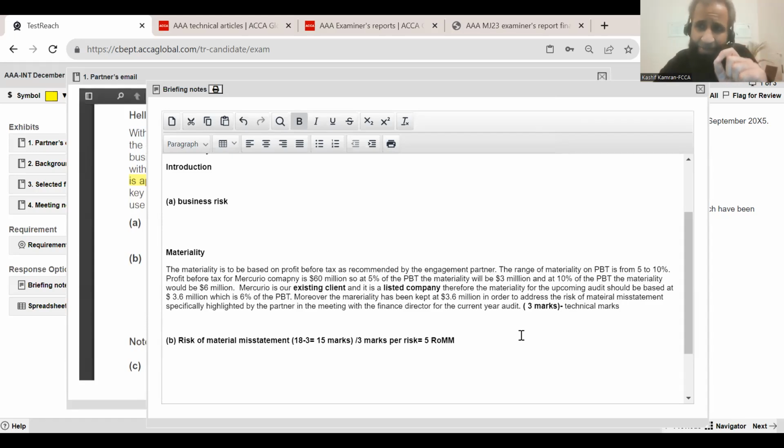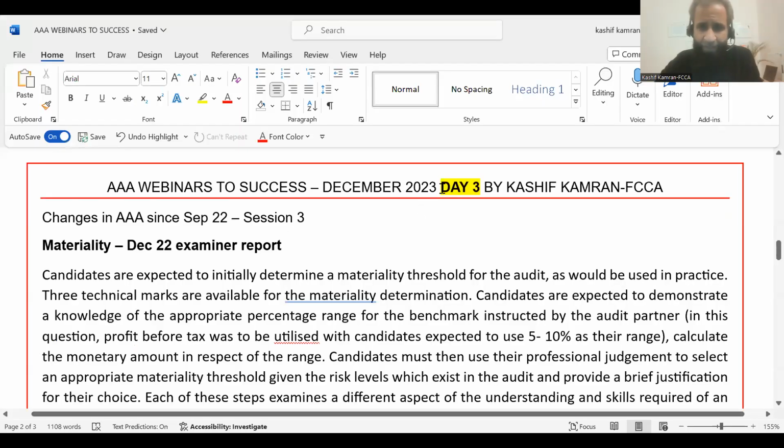Now let's see the examiner criticism around the materiality paragraph, and let's see from the wording of the examiner whether we are getting 3 technical marks for materiality. I will be opening up the December 22 examiner report for you. I've taken extracts of the December 22 examiner report in my Word file. This is the day 3 Word file, and we are looking into session number 2 on the changes in the AAA paper.